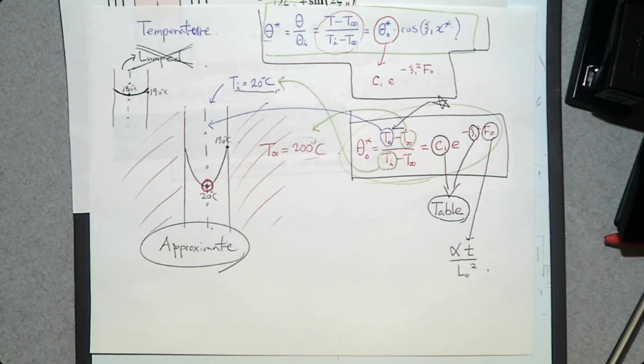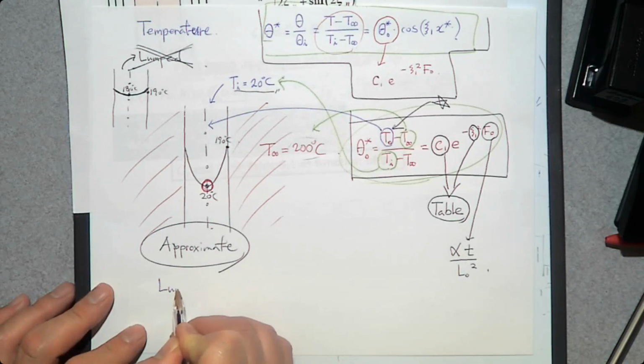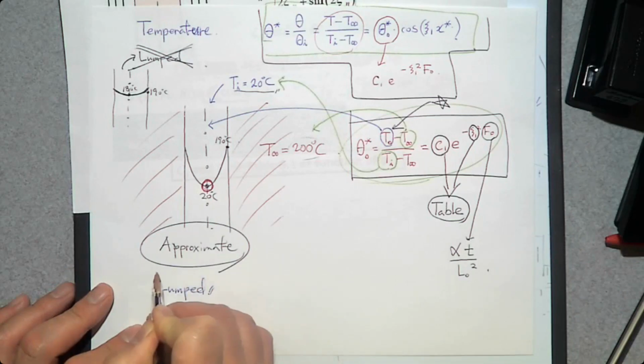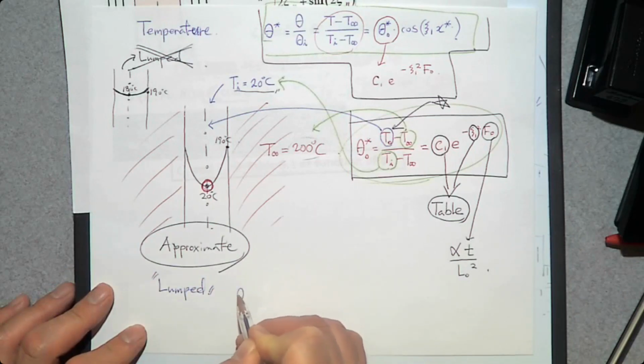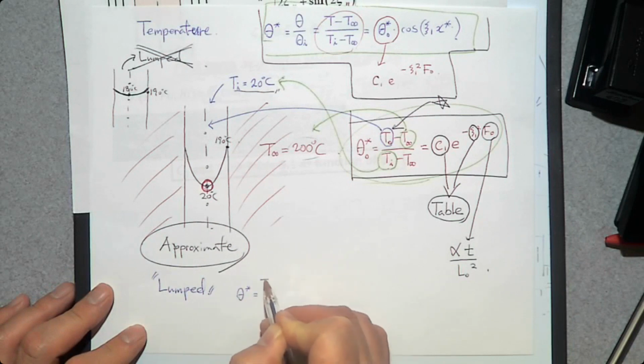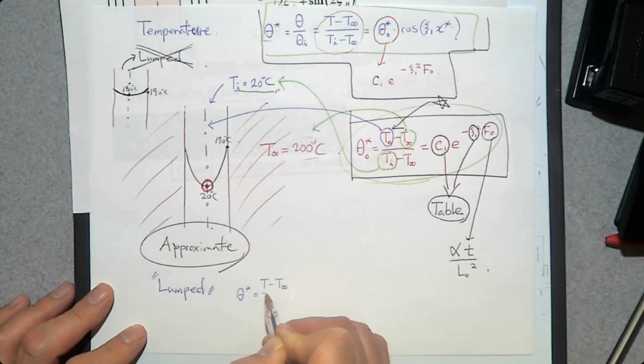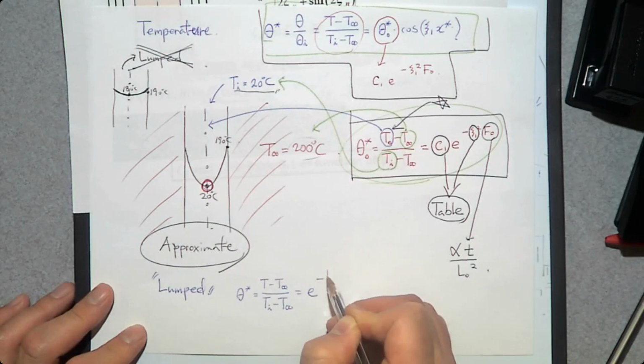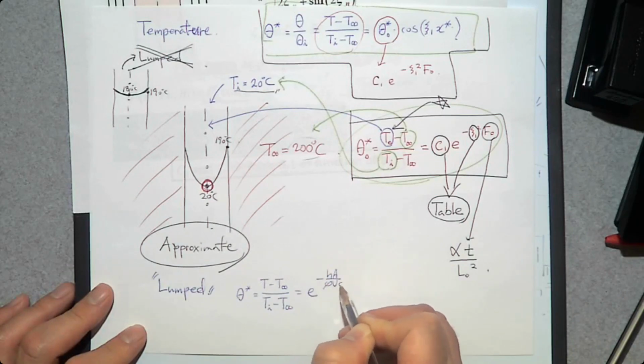So if you know this equation, then you can determine the relation between the temperature of the center and time t, which looks exactly the same as the lumped method. Just for your information, the lumped method equation is theta star, which is T minus T infinite over Ti minus T infinite, is e to the minus hA over rho V C times t.